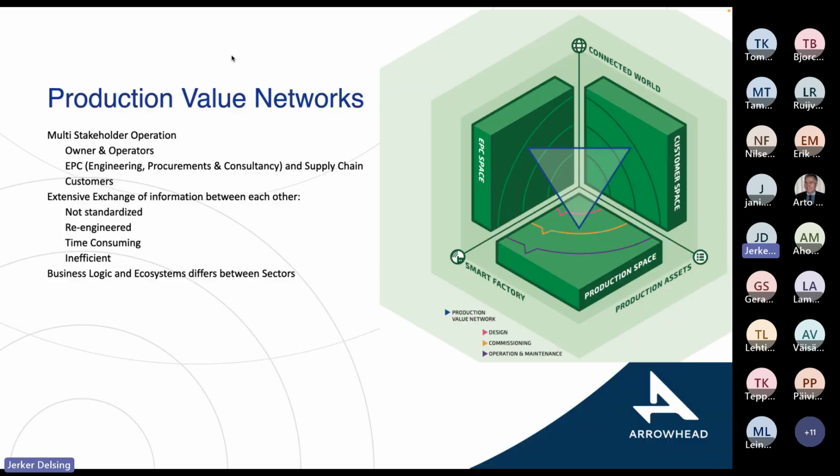So what is a production value network? This is a try to bring up this 3-dimensional thing and just making it very clear that it's 3-dimensional. It includes multi-stage stakeholder operation: owners, operators, engineers, engineering and procurement and consultancy and the supply chain and customers.